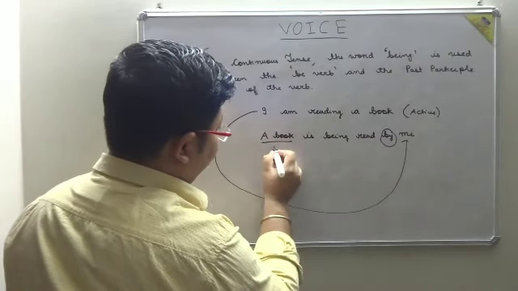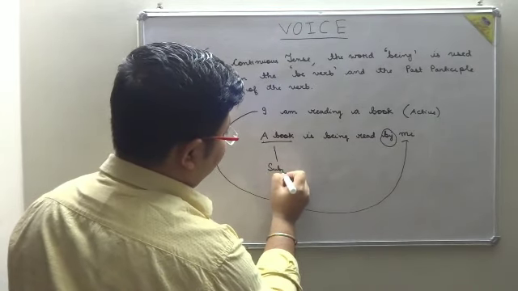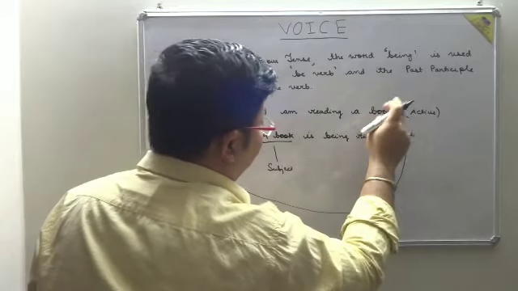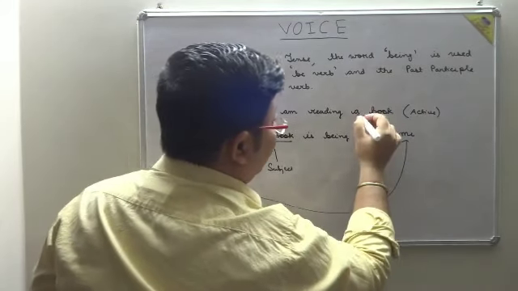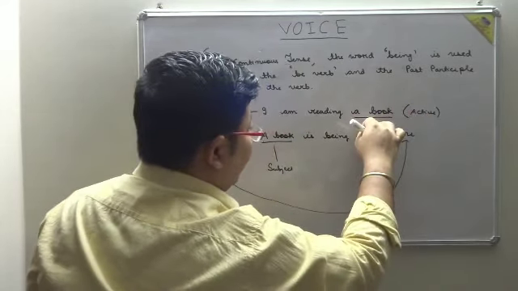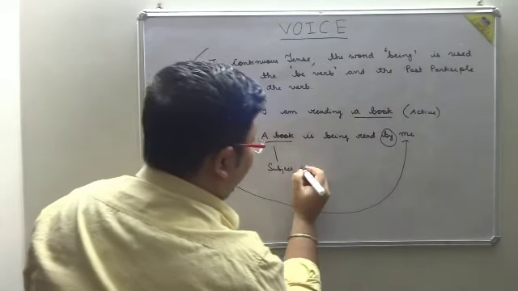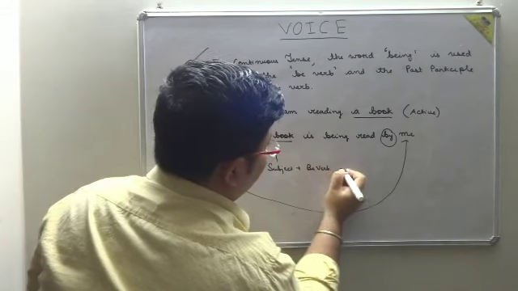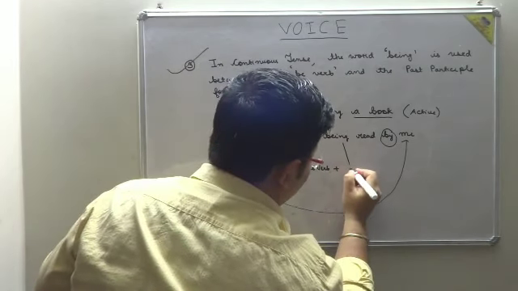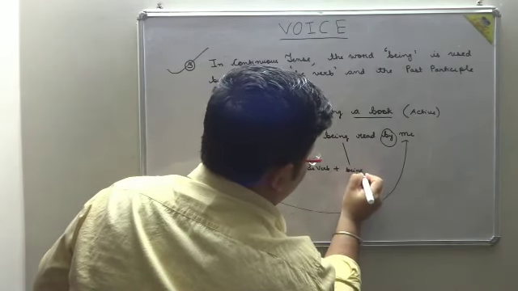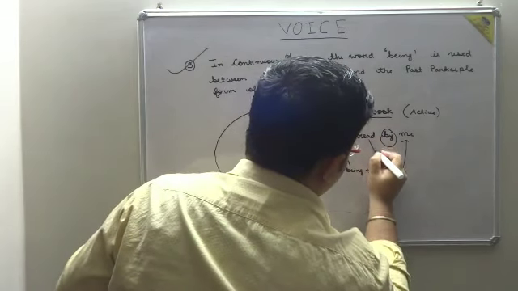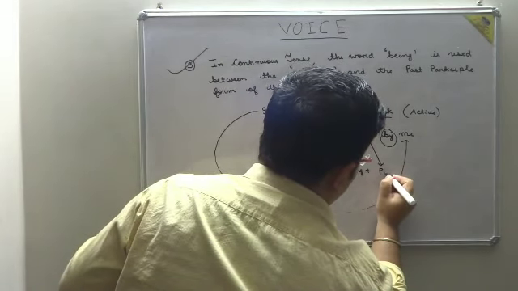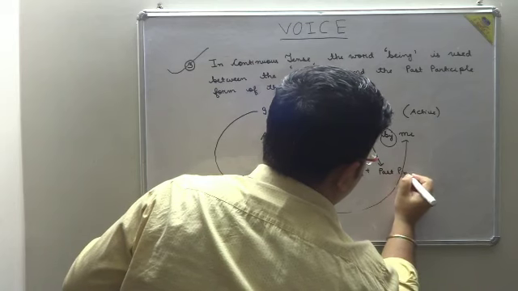See the formation. This is the subject. The object in the active voice becomes the subject here, plus be verb, plus the word being, plus the past participle form of the verb.